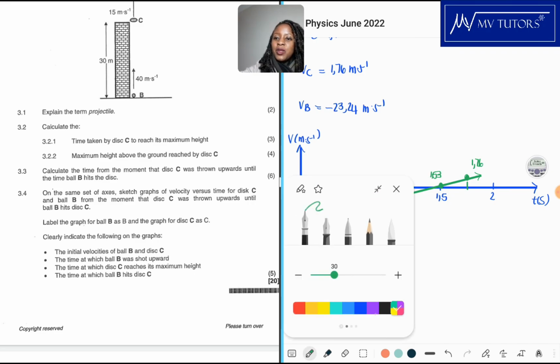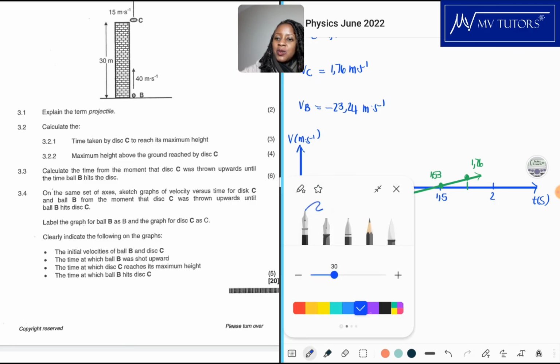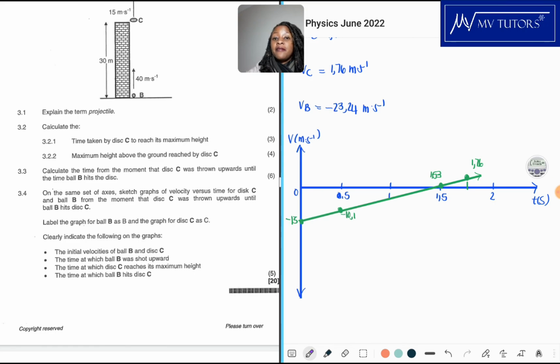And now what would the plot look like for ball B? At 0 seconds it was not yet in the mix. So we're gonna do it now. At 0.5 we had -40, so I'm just gonna put it somewhere here.